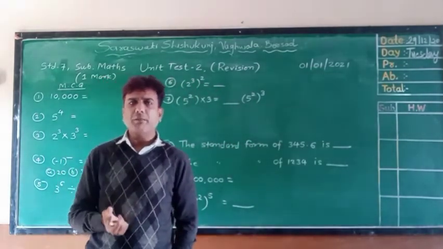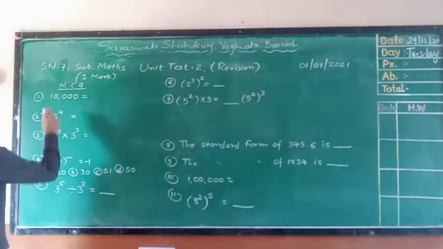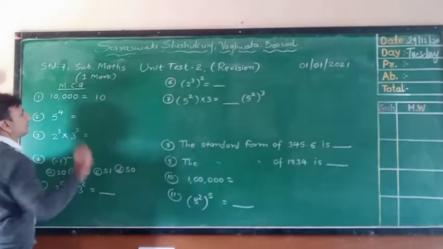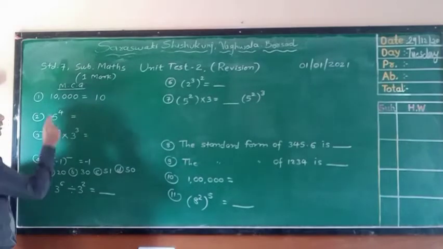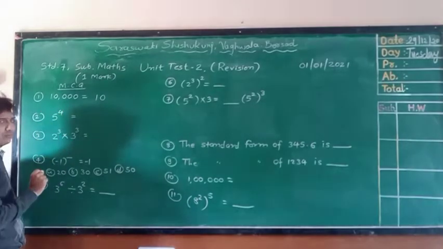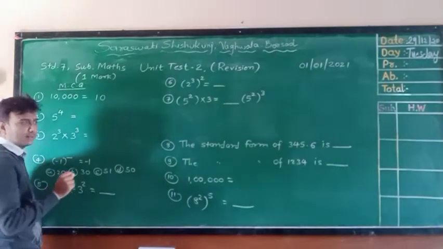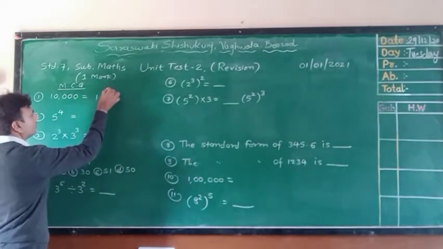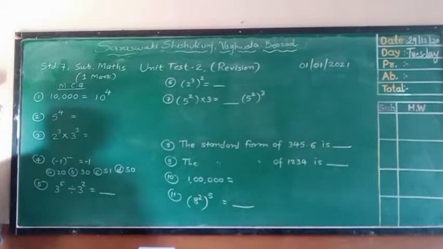Simply, we write 10, and then we see how many times 0 came: 1, 2, 3, 4. So this is 10 raised to 4.